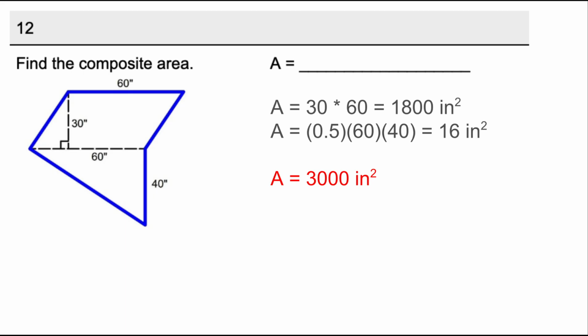Let me put that on my calculator real quick. 0.5 times 60 times 40. Oh, this should be 1,200. This is a mistake. 1,200 inches squared, and we add these two numbers together, 1,800 and 1,200, we get 3,000 inches squared.